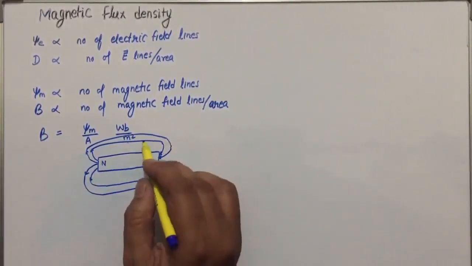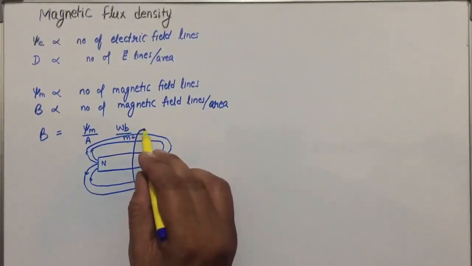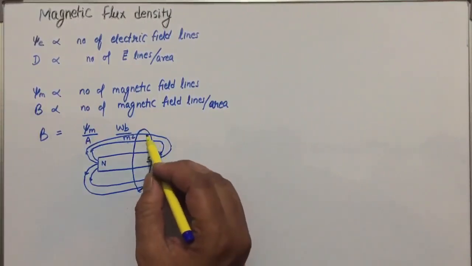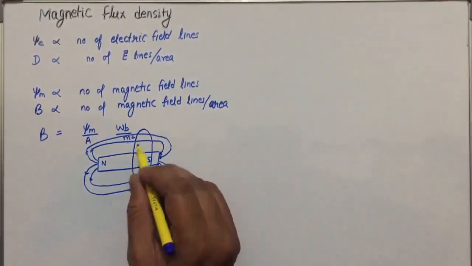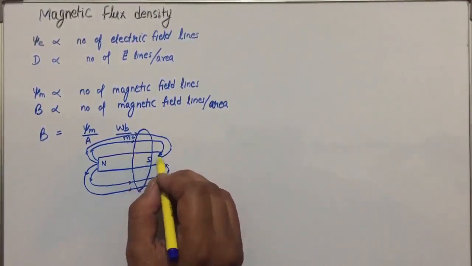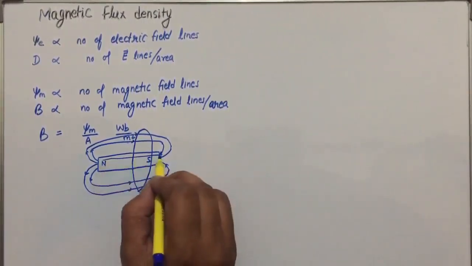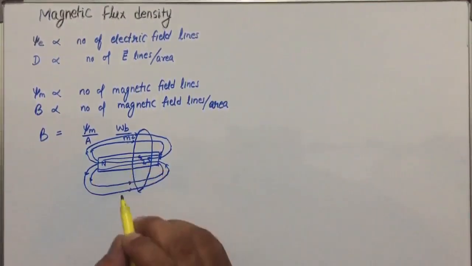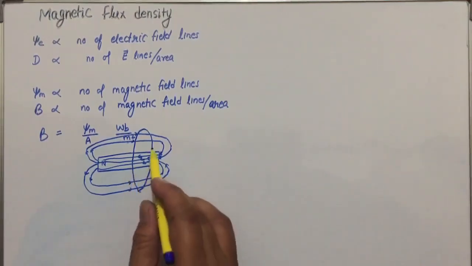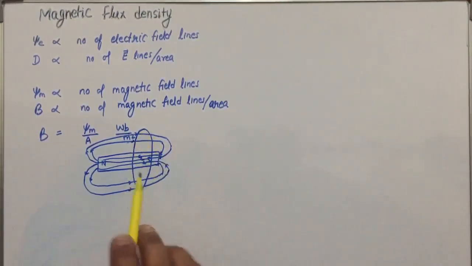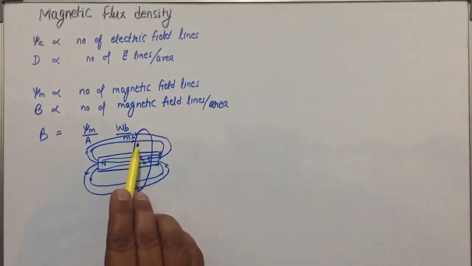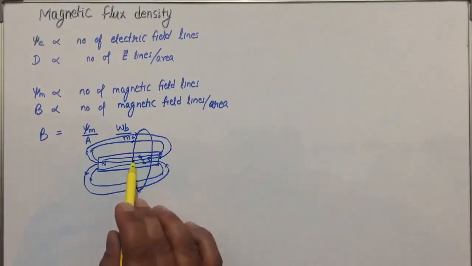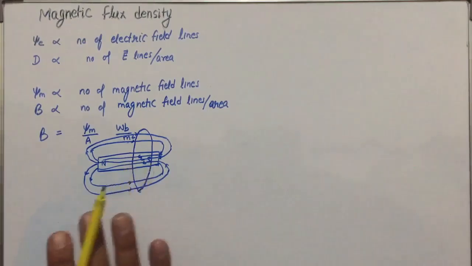If at any cross section the lines are passing like this, and inside a similar number of lines are passing from south to north, then for any closed surface, the number of lines that are incoming and outgoing are the same.